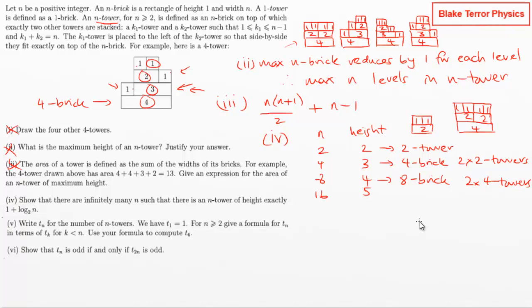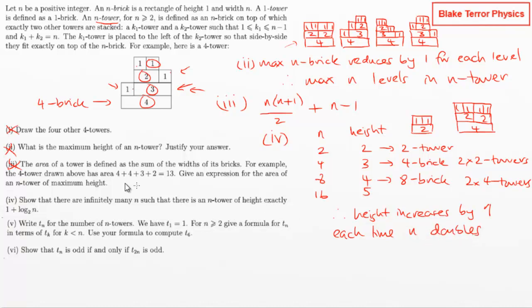So all we're doing is increasing in height each time by 1. So height increases by 1 each time, n doubles.